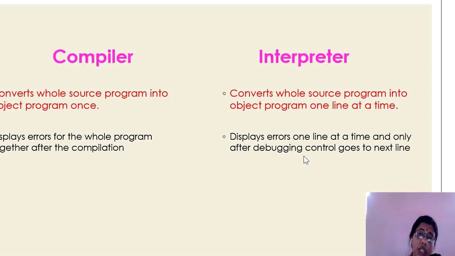Then what is debugging? Deleting the errors. Okay? So it displays errors one line at a time, and only after debugging does control go to the next line. So you have translated only 10 lines in an interpreter, and the 10 lines are error free. Okay? So this is the main advantage as well as disadvantage of both a compiler as well as an interpreter.